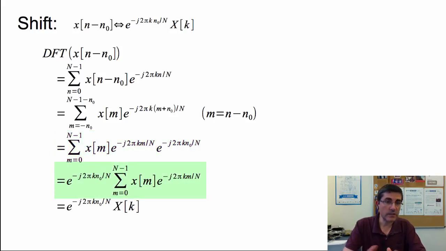Then we can see that we have a DFT of the signal x[m], and it becomes a complete DFT of just the signal x, and then we have this complex exponential that has the n sub 0 value that does not depend on m, so it becomes separate. Therefore the result is that we have this complex exponential multiplying the spectrum of the signal x.